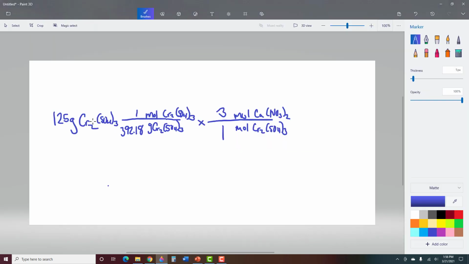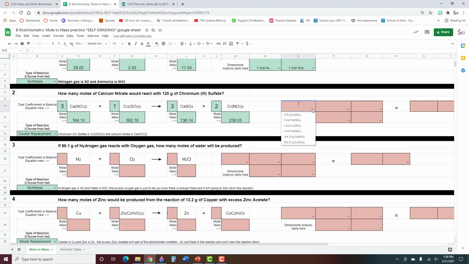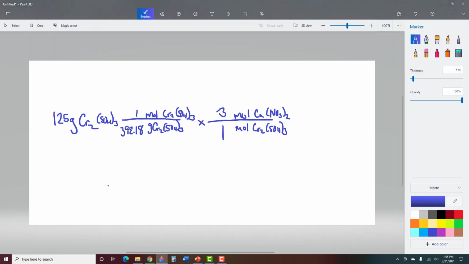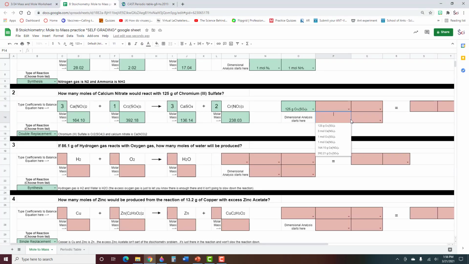So let's transfer over. We'll start with this, so that should go in your first drop down, the 125 grams of this, and then your next unit here on the bottom was the 392.18 grams of Cr2(SO4)3, and they have a slightly different number here, no big deal, it's just rounded slightly differently. 392.21 is what they have, but it's through the 392.18.